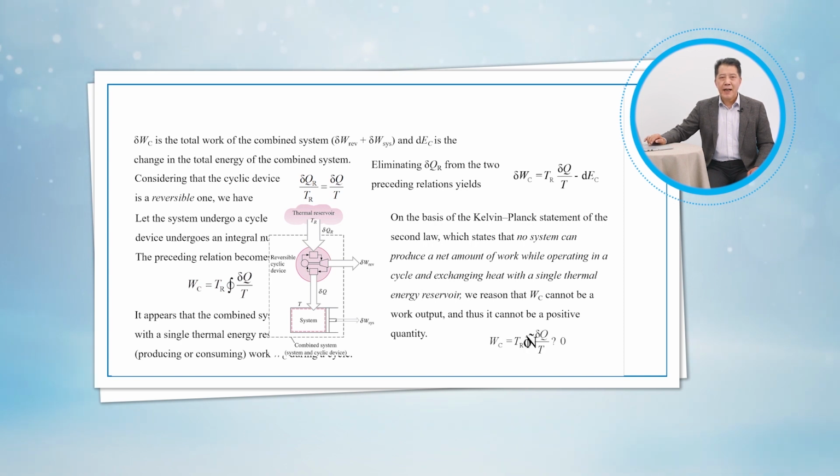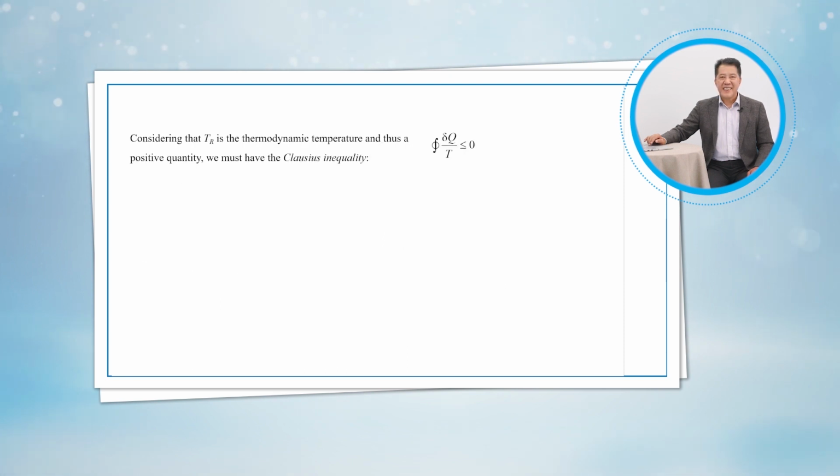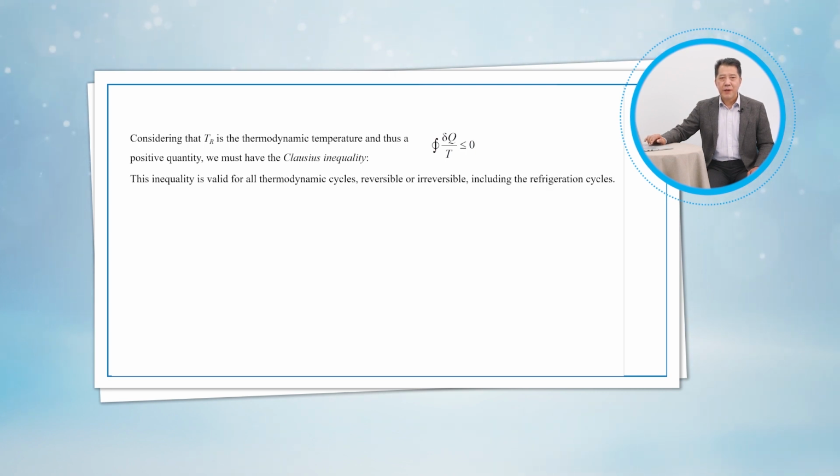We then have, considering that TR is the thermodynamic temperature and thus a positive quantity, we must have the Clausius inequality. This inequality is valid for all thermodynamic cycles, reversible or irreversible, including refrigeration cycles.